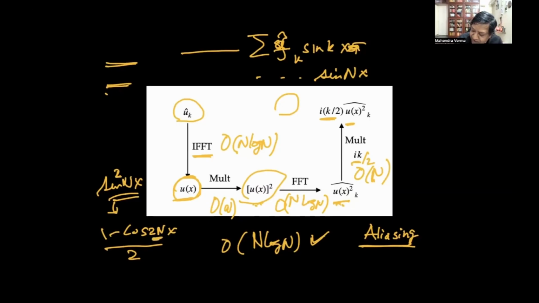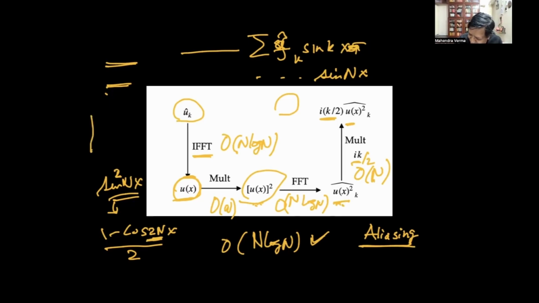So this corresponds to wave number 2n, which is not there in my box. This wave number is outside the range. If it's outside the range, what will the computer do? Now, if you look at the theory of Fourier transform, it turns out this is going to come back.